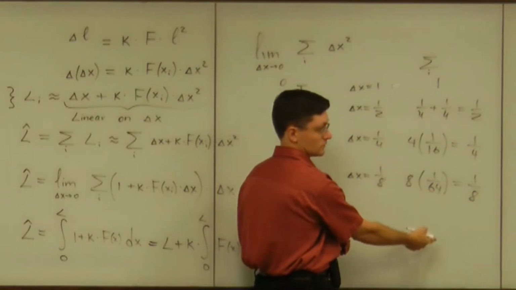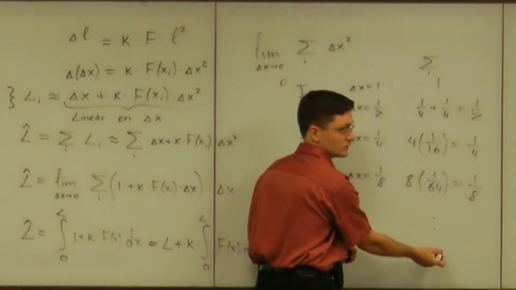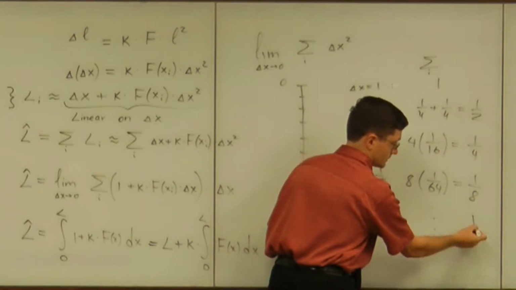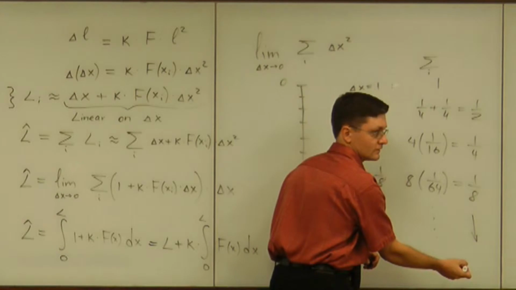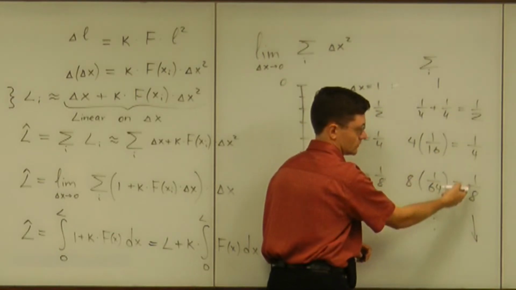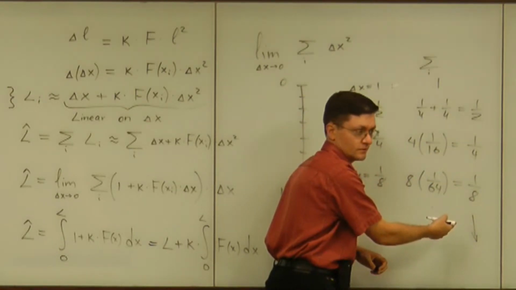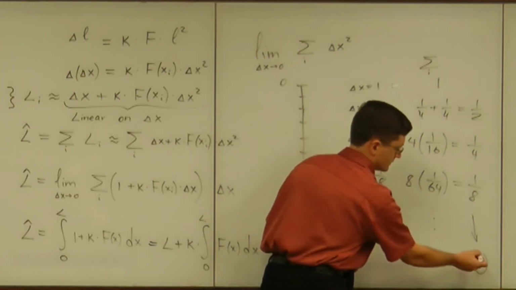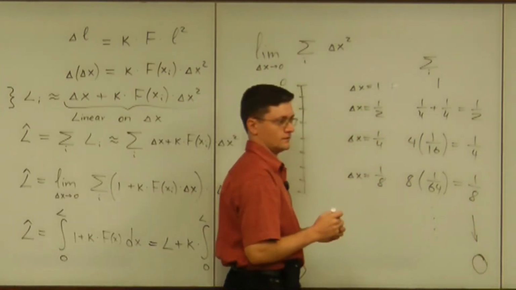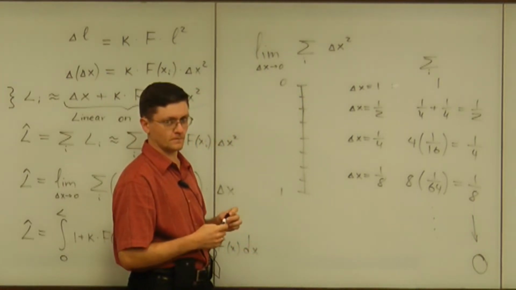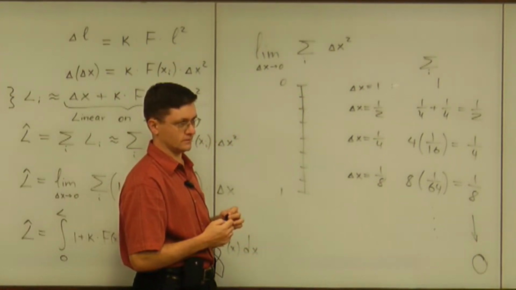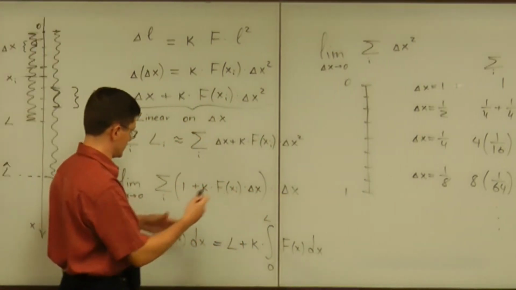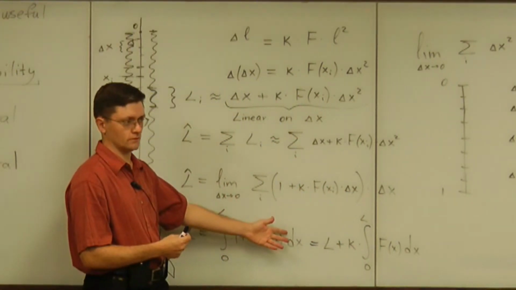Can you guess now what the sequence is going to be? Do you know what the limit is of the sequence 1, a half, quarter, 1 over 8? Isn't it 0? So that's 0 without even doing any integration.